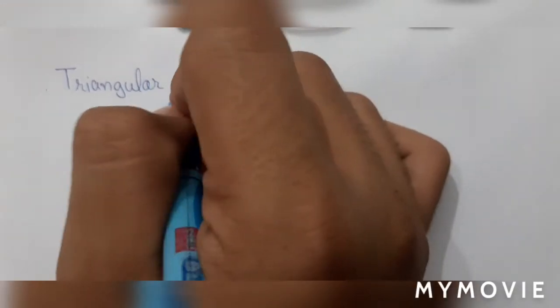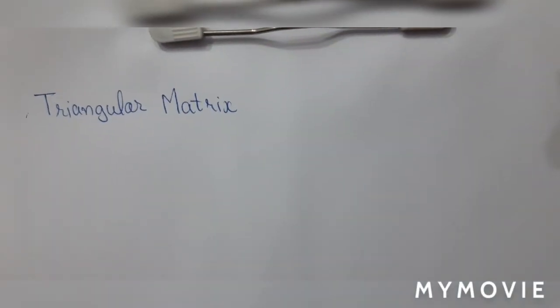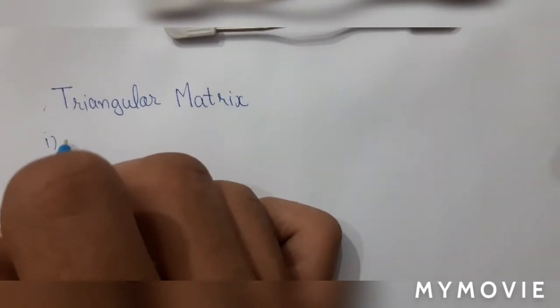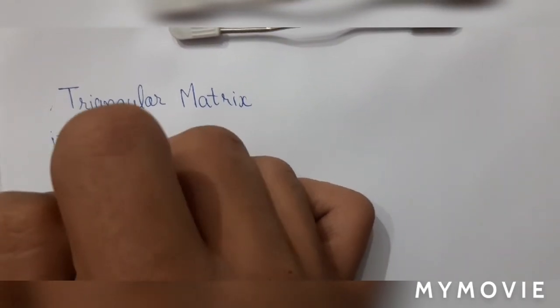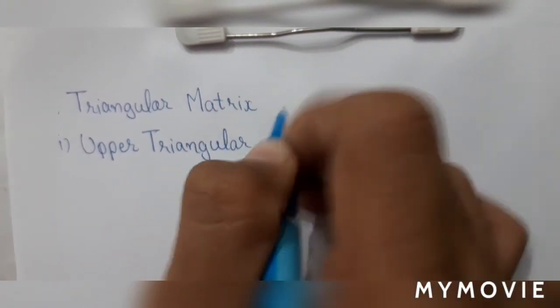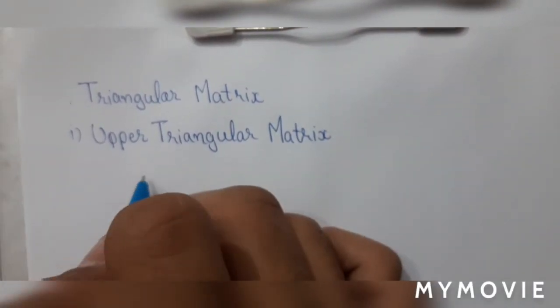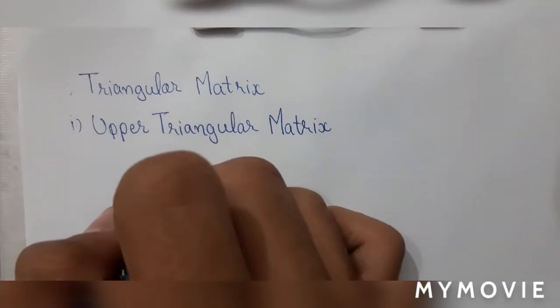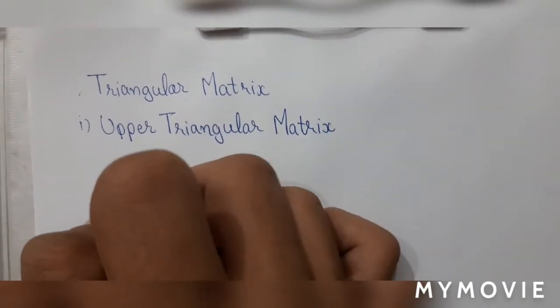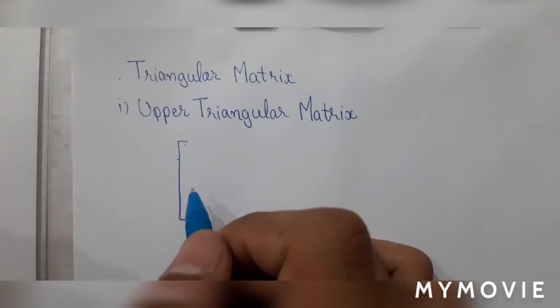The next type is the triangular matrix. The triangular matrix is divided into two parts. First is the upper triangular matrix. In this upper triangular matrix, the numbers below the diagonal are 0.